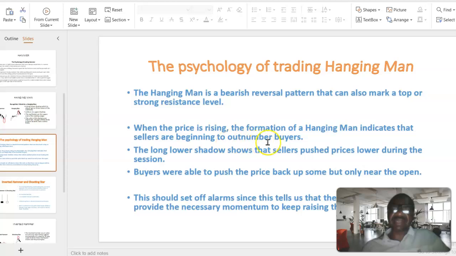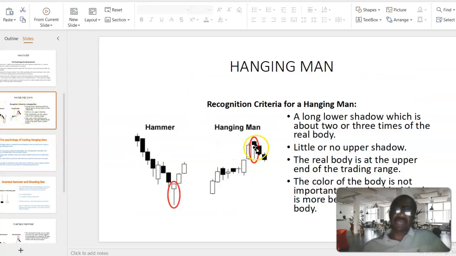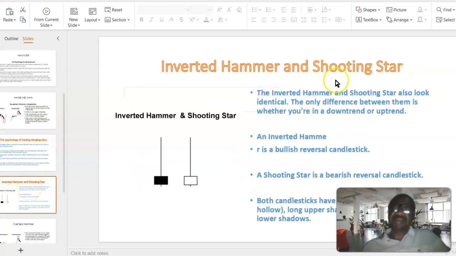When price is rising, the formation of a hanging man indicates that sellers are beginning to outnumber buyers. So price will begin to come down, just as shown here. Then let's look at the next one, the inverted hammer and the shooting star.